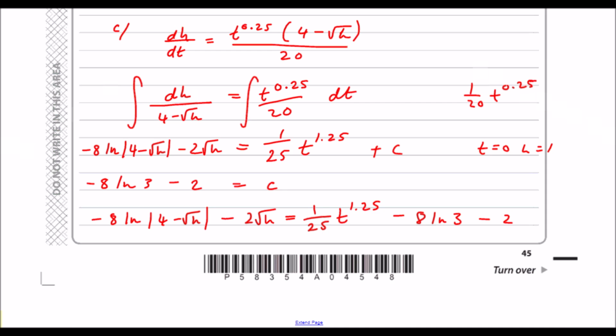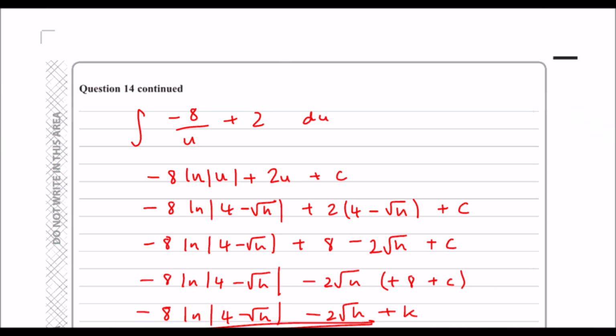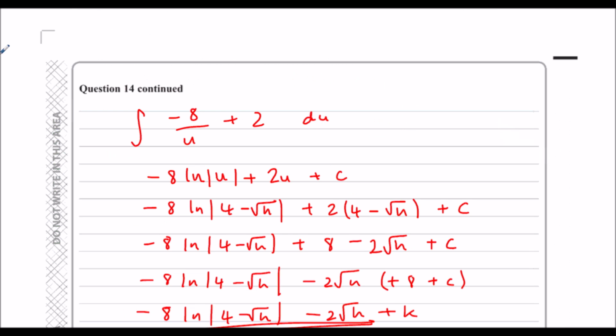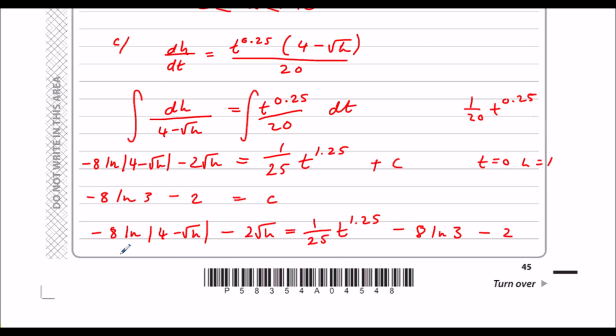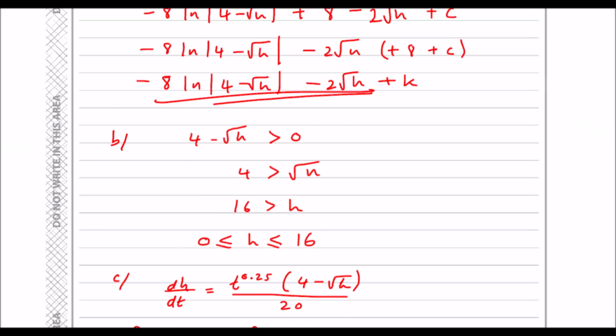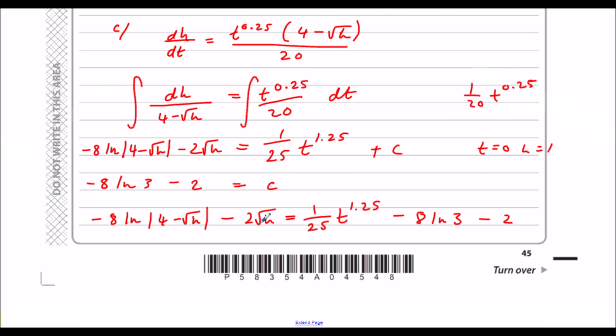And for the final part, we need to substitute in h is 12 and find t. So substituting h is 12 to find t. We're going to get a decimal out, but 3 significant figures, that's okay. So let's substitute in h is 12 into this.